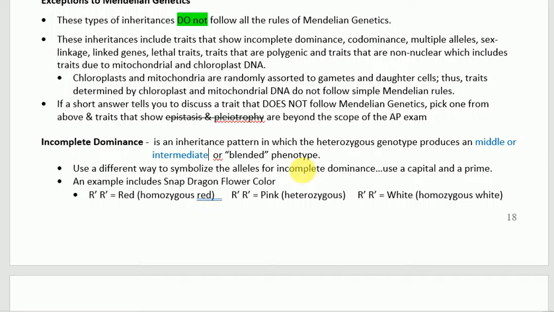We're going to use a capital and a prime. So an example would be the snapdragon flower color. We've got red, we've got pink, and we've got white. So red, we're going to do R prime, R prime. No, I'm sorry, that's not correct. Red, we are going to do R, R. Pink, we are going to do R prime, R prime. Okay?